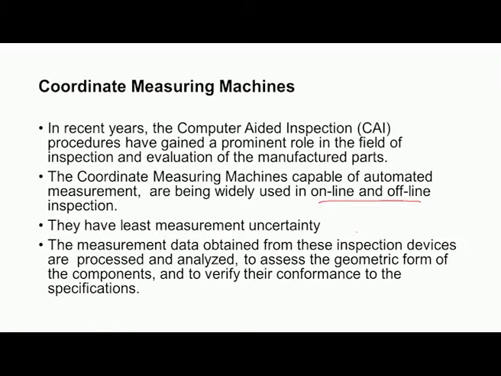In the production line itself, we can include CMMs and the features can be checked. If the errors exceed the specified values, feedback can be given to the main computer so that changes are made in the programs and errors are brought back within the limits.